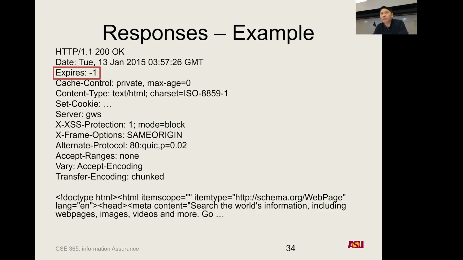Expires -1 means the cache contents are private. What does that mean? These contents cannot be stored for the purpose of a cache. Private doesn't store these contents in the cache.